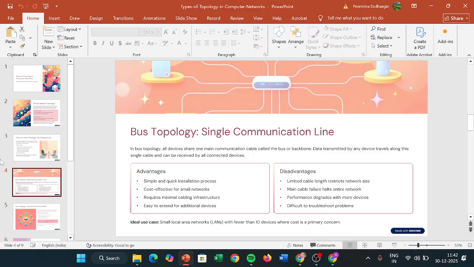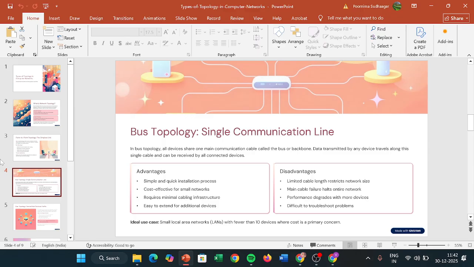The second one is bus topology. In a bus topology, all the devices share one main communication cable called the bus or backbone. So it acts as the backbone of the communication. Data transmitted by any device travels along this single cable and can be received by all connected devices.